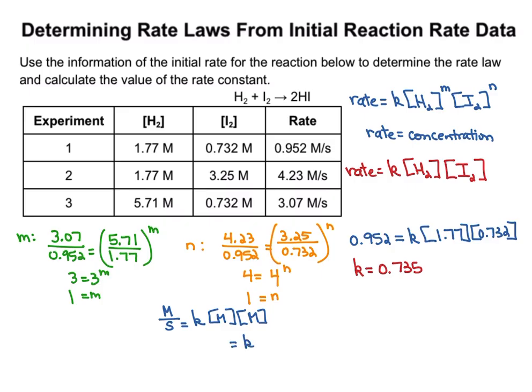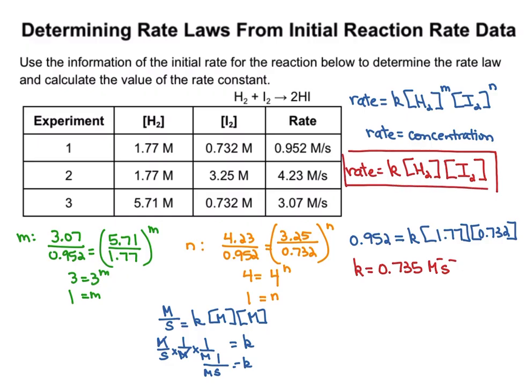I'm going to get all of my units on one side, so this is like saying divided by molar, divided by molar. All of the units that can cancel cancel out, so the units for K is 1 over molar seconds. So that means my proper units is going to be 1 over molar and 1 over seconds. So I've solved for my rate law, and I've solved for the value of K with correct units.